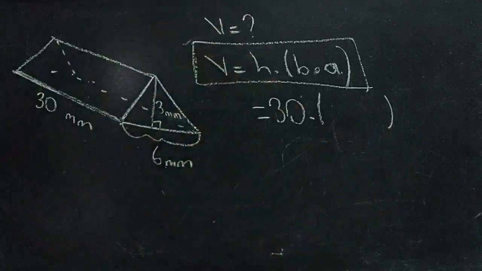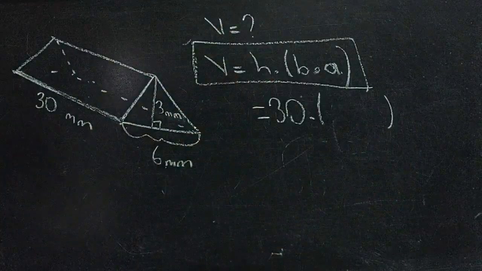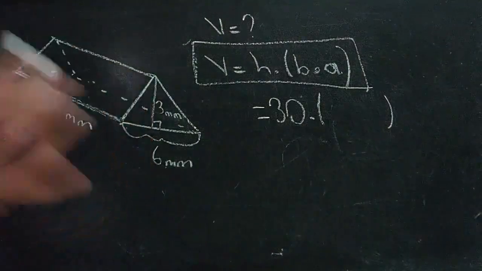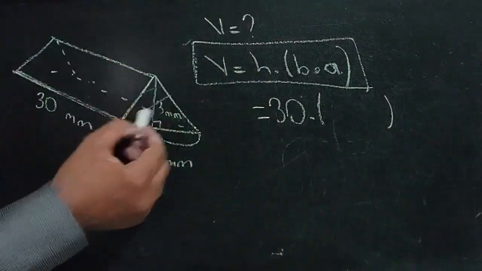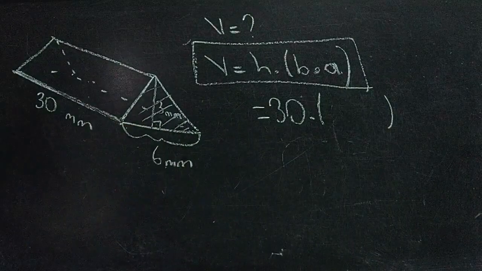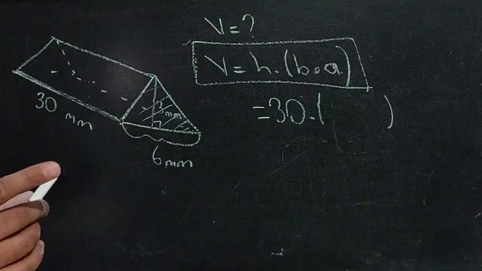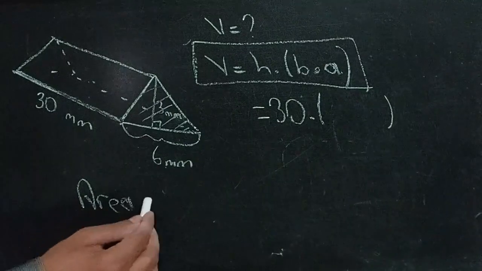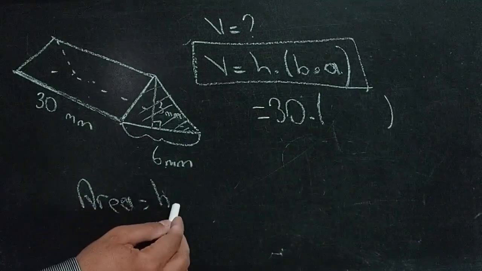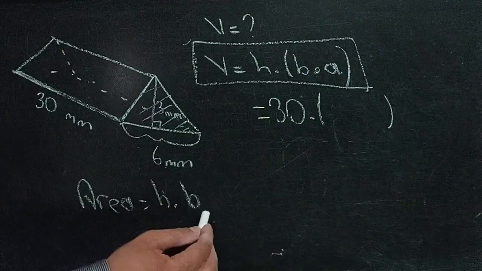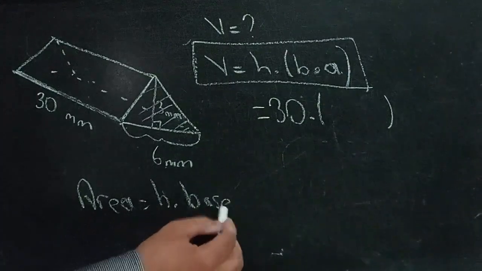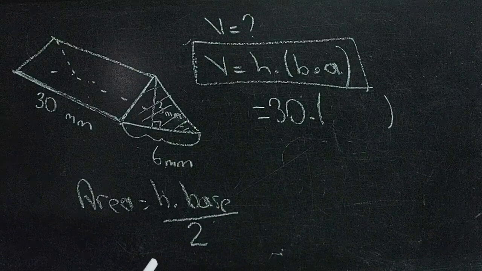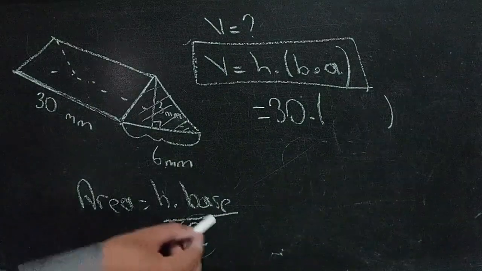The problem is coming from there generally. The base area here is a triangle. For the triangle, the area is height times base over 2. Students are confusing the 2.